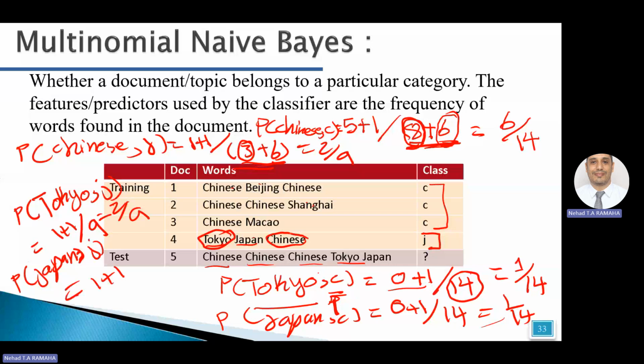So after you calculate all these, we have the probability of China with C, which is 6 divided by 14. We calculated it.